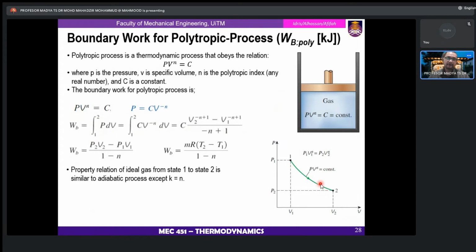For these five processes, please remember that process number one and number two are straight lines. That means isobaric and isochoric are straight lines.